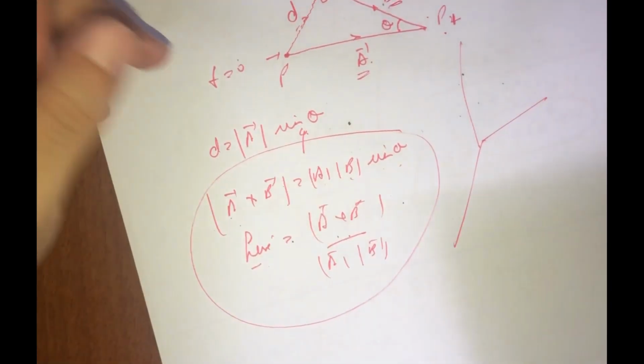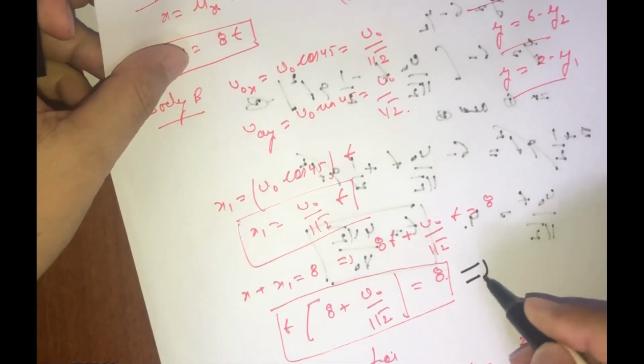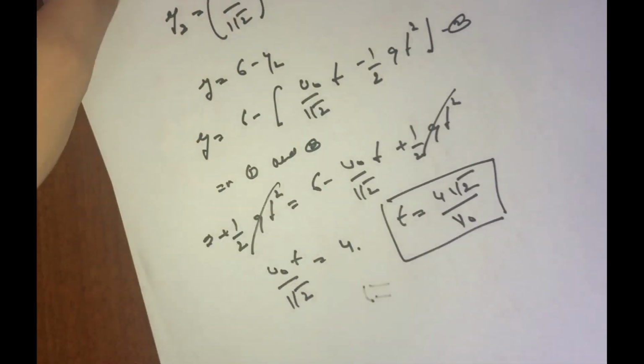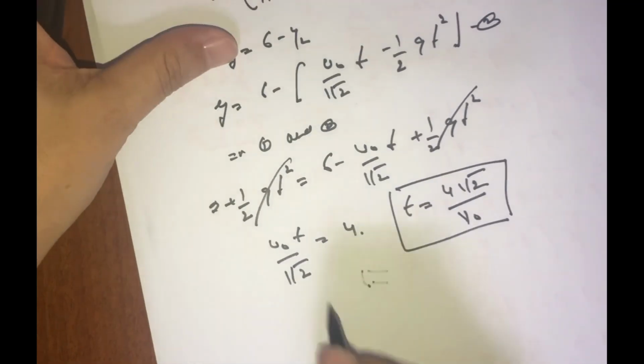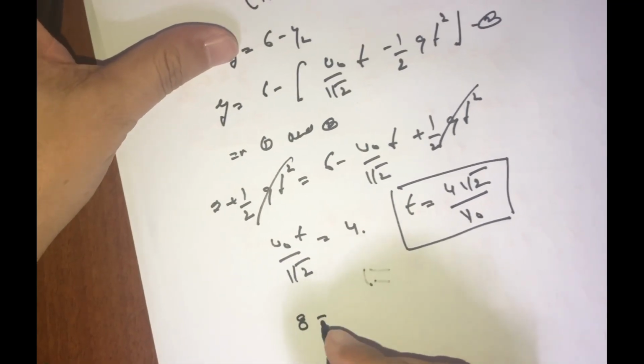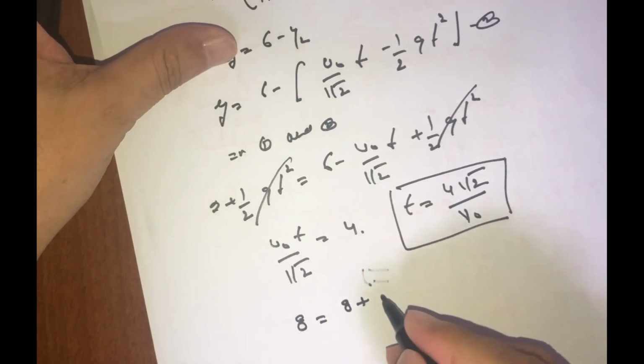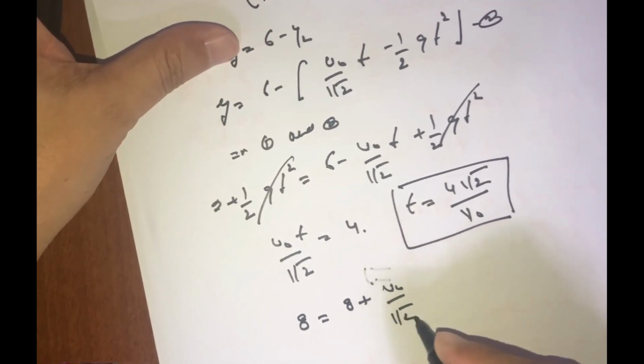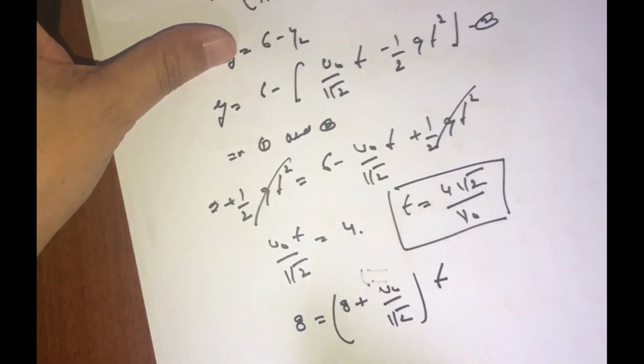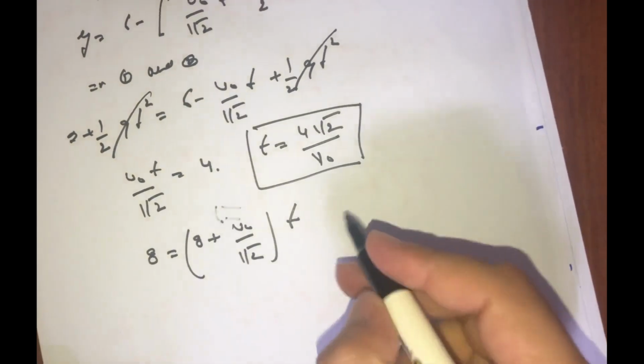And we already found out this equation. We are going to use this part as well. So we already know that 8 is equal to 8 plus V0 root 2 t. In this equation we are putting the value of t.